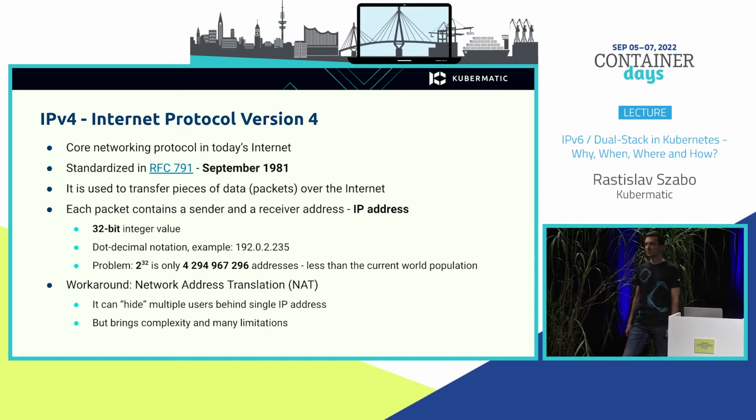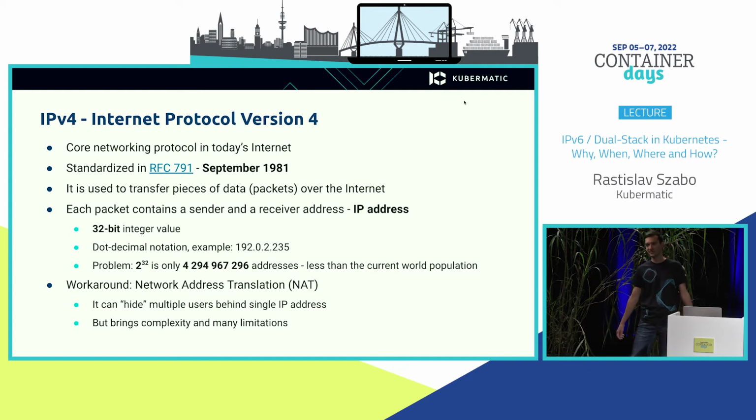We use dot decimal notation for IPv4 addresses. So an example is like 192.0.2.235. And one of the problems with IPv4 is that 2 to the power of 32 gives us only about 4 billion possible addresses, which is less than the current world population.